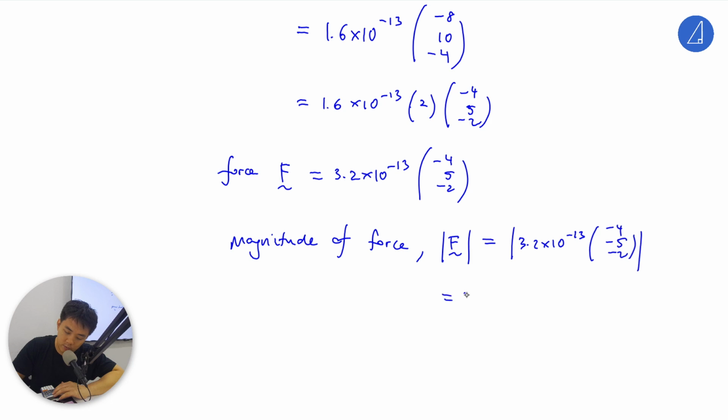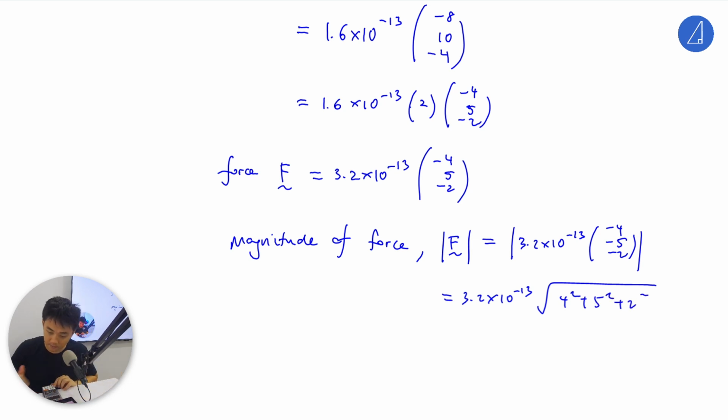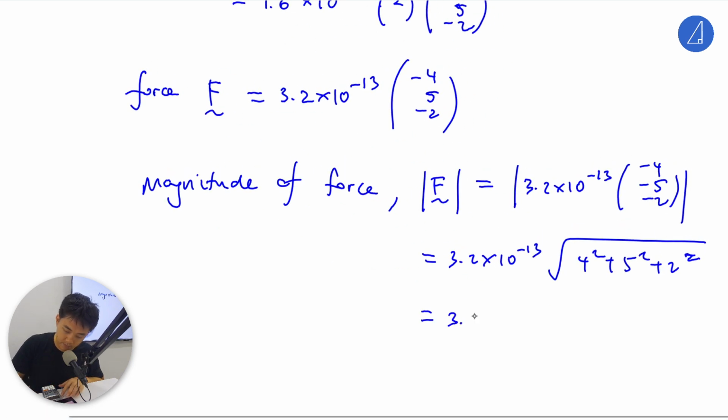So this will be 3.2 times 10 to the minus 13 times the square root of 4 squared plus 5 squared plus 2 squared, which is 45.